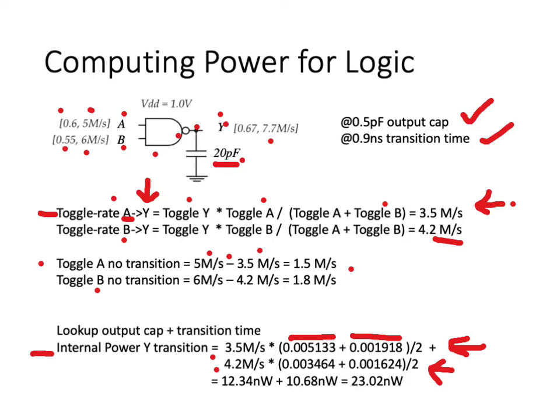Because we are given the average toggle rate, that is the average rate of rise and fall transitions, we will take the average of the rise and fall energy consumptions. If we know the individual toggle rates of the rise transition and the fall transition, we can just directly sum them up here without having to take the average.